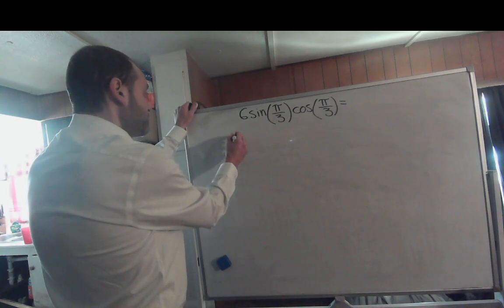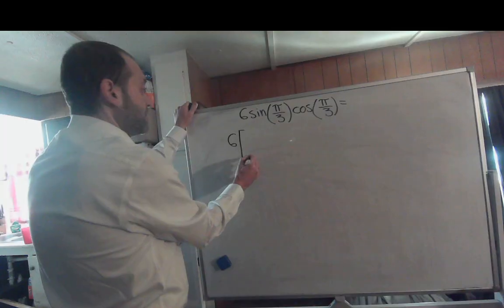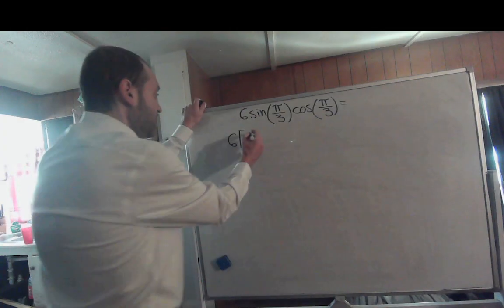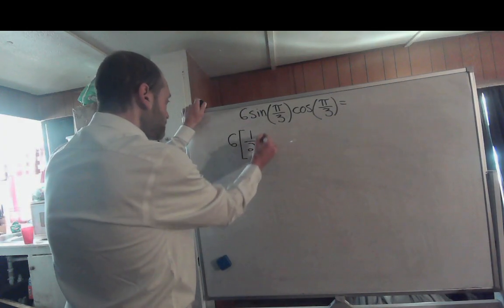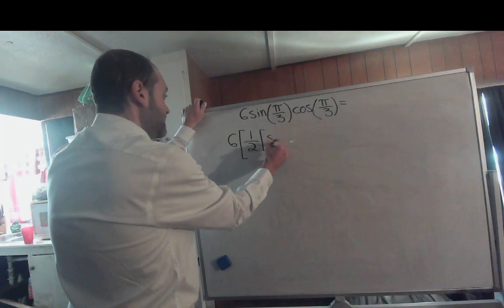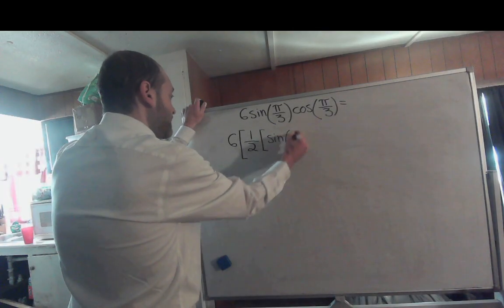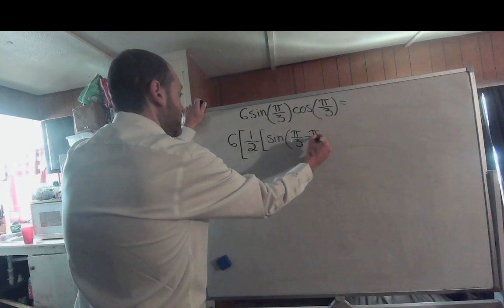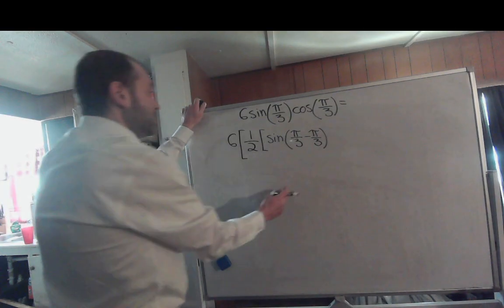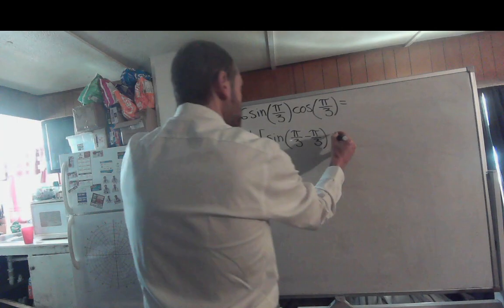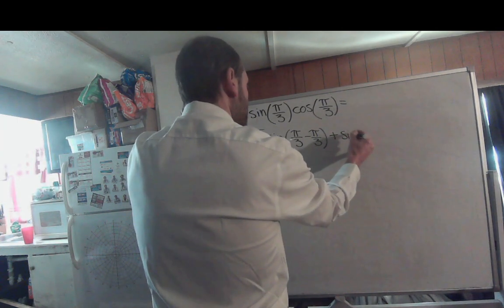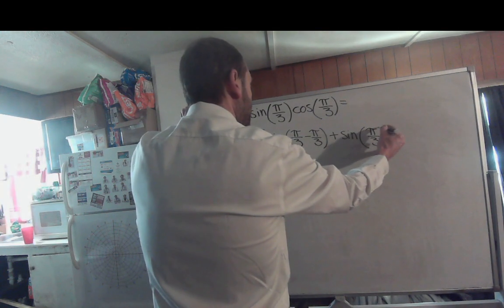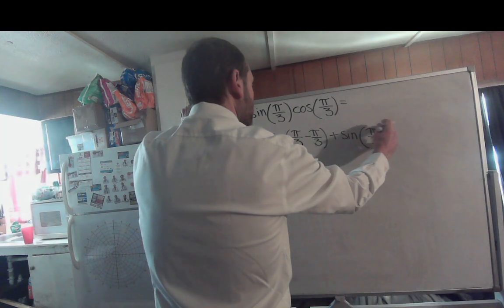So this will be 6 times the quantity. So the product to sum formula for sine cosine is 1/2 times the quantity of the sine of pi over 3 minus pi over 3. And then since it's sine cosine, this would be plus the sine of the quantity of pi over 3 plus pi over 3.